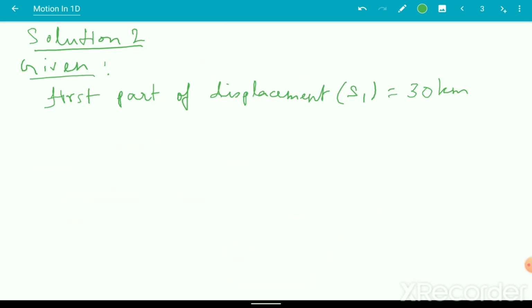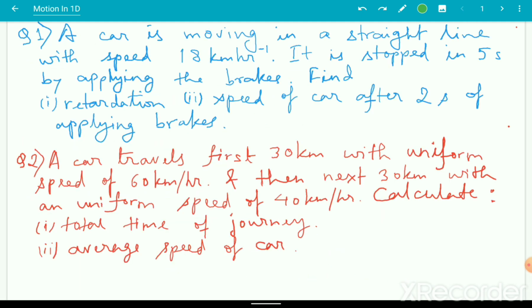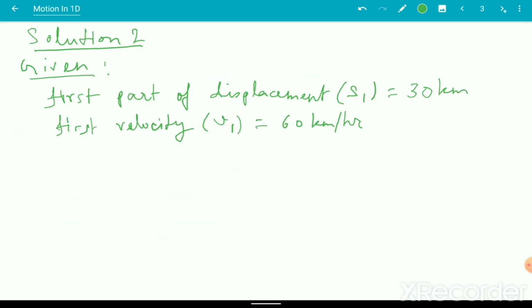Then it is traveling at a speed of 60 km per hour. So the first velocity, let us denote it as v1, is equal to 60 kilometer per hour. Then the next 30 kilometers we consider to be the second part of the distance, and the speed is 40 km per hour.